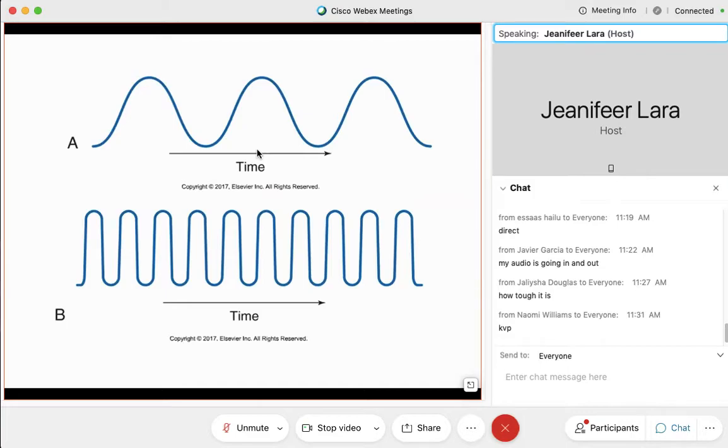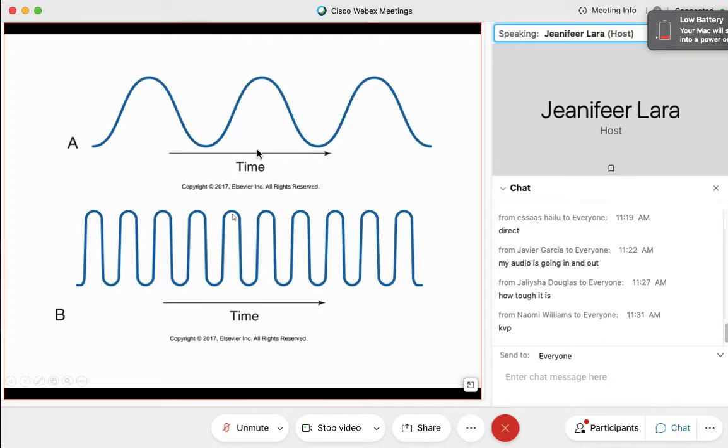So let's take these two examples. Here we have a crest or peak, and here we have another one, and another.